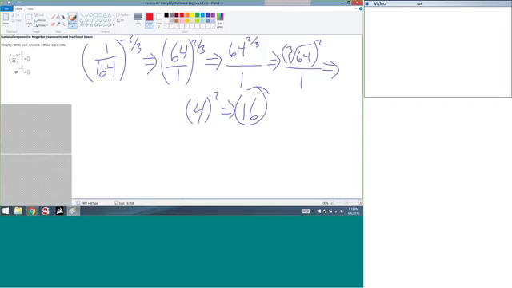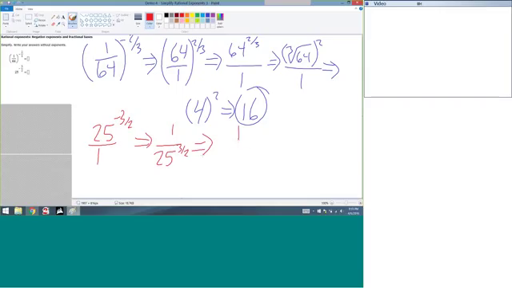Now the second one, we have 25 to the negative 3/2. So no parentheses and no fraction here, so you can think of it as over 1. Since it is negative, it would have to flip. So instead of 25, we have to make it 1 over 25 to the 3/2.